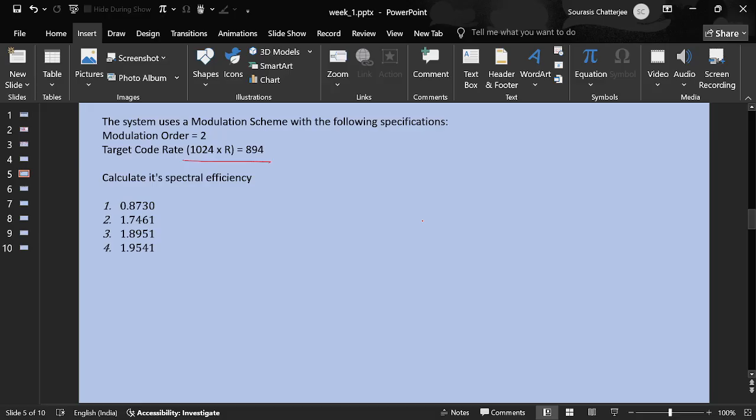It's the number of bits per symbol you can transmit. Exactly. And what does the target code rate, 1024 times R is 894, exactly mean?